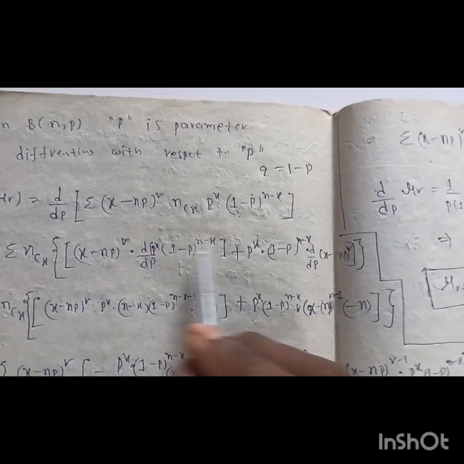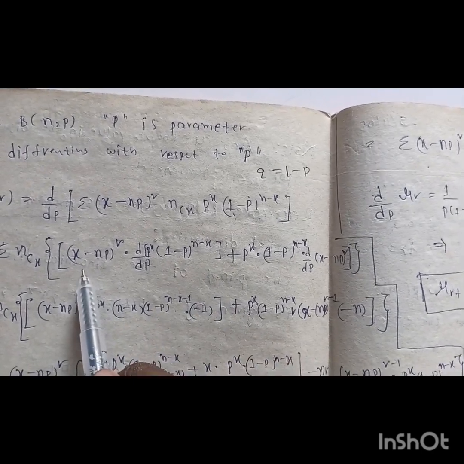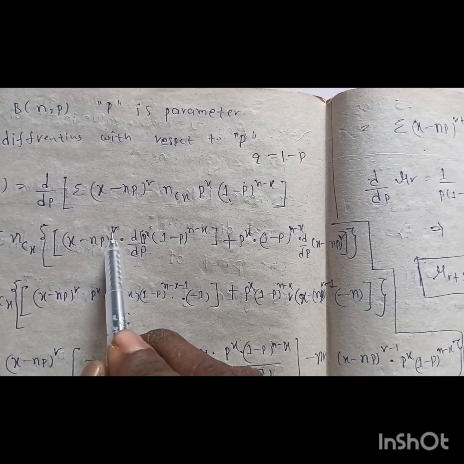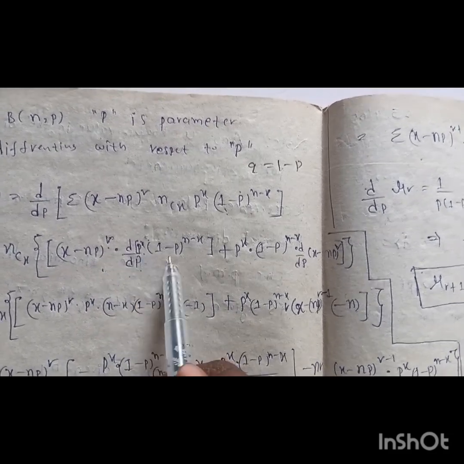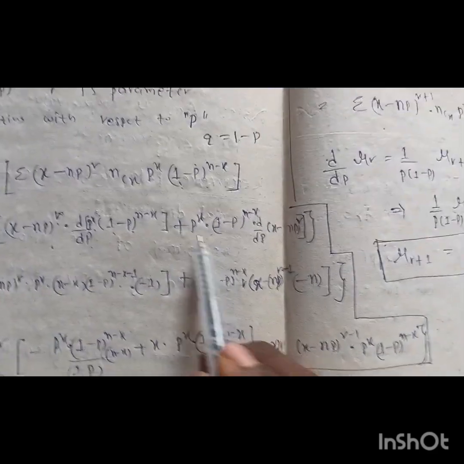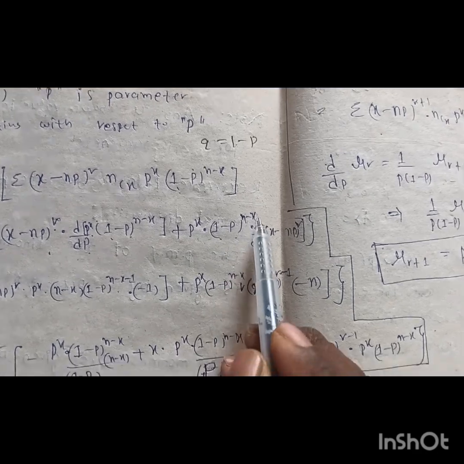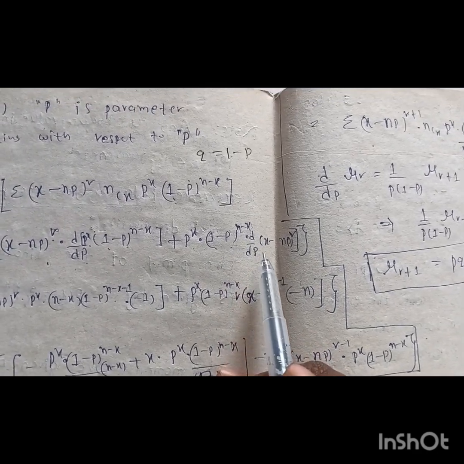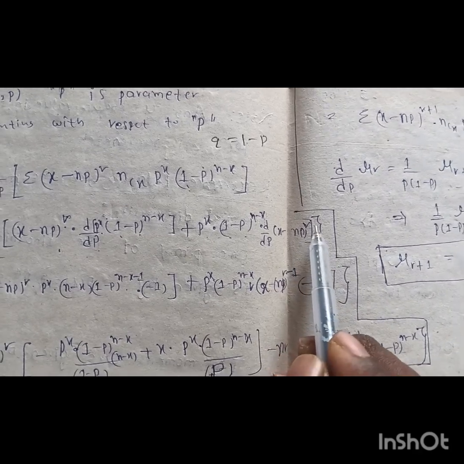You can apply the uv formula over here. Keeping x minus np whole to the power of r as a constant, d by dp of p to the power of x and 1 minus p whole to the power of n minus x we are differentiating, and keeping p to the power of x 1 minus p whole to the power of n minus x constant, we take d by dp of x minus np whole to the power of r.